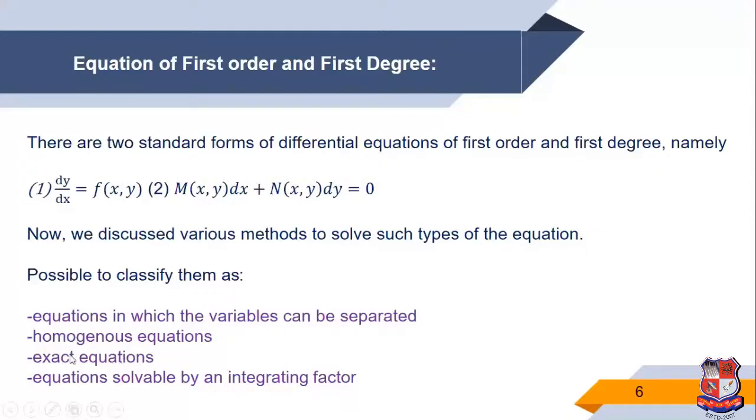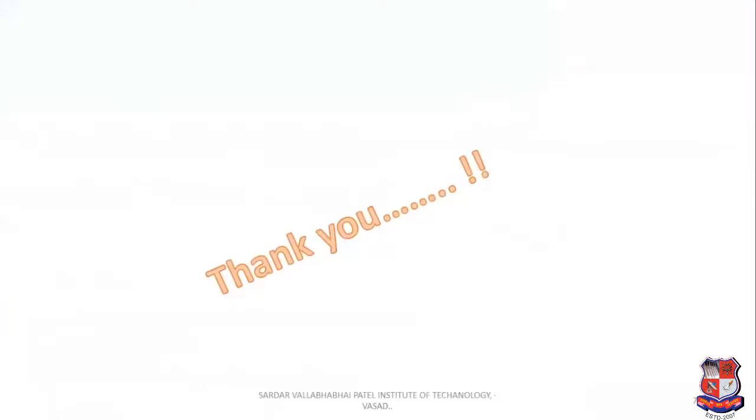Third is the exact equation. Fourth is the equation solved by the integrating factor. These different methods, which can be used for solving a first order and first degree ordinary differential equation, we discuss in the next lecture. So thank you.